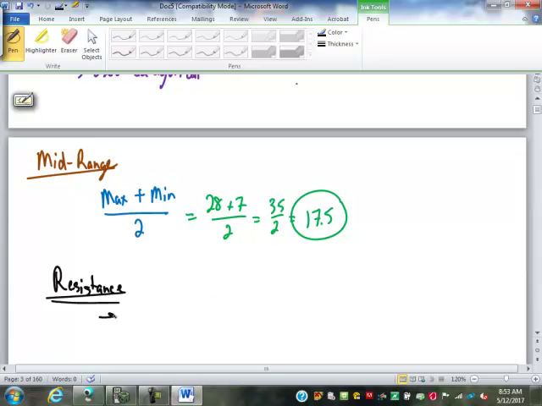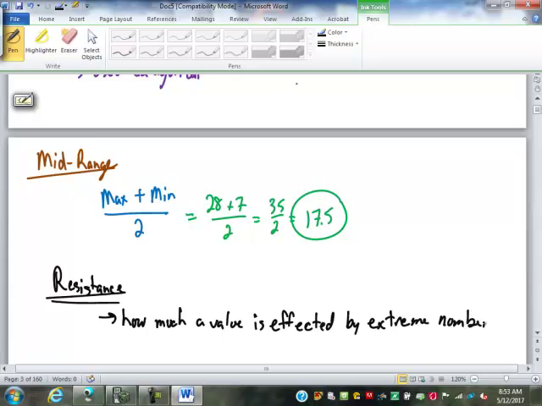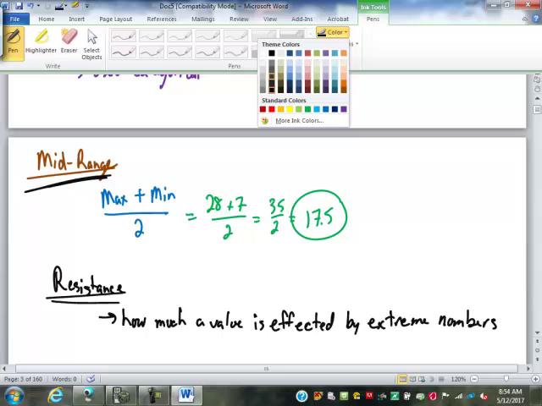What resistance is, it measures how much it is affected by extreme numbers. We had that one large number on the top end of our data, the 28. That one large number affects our mid-range a lot. And we're going to come back and talk about how it affects the mean and the median here in just a minute.